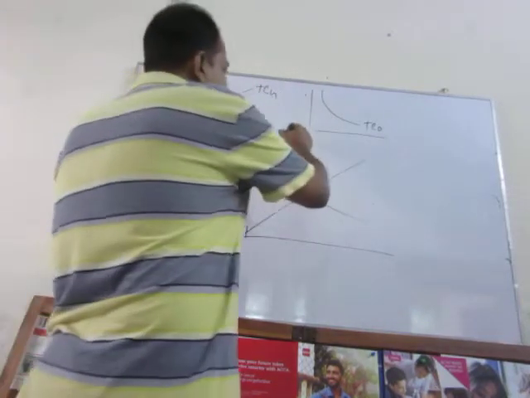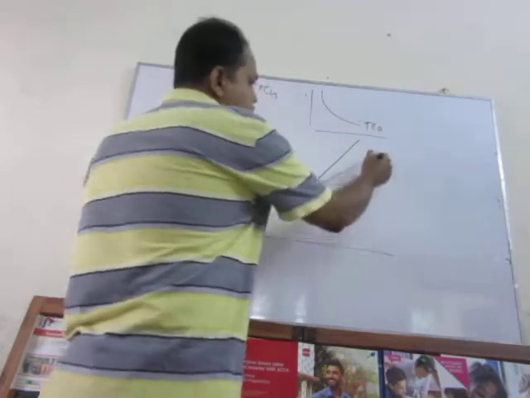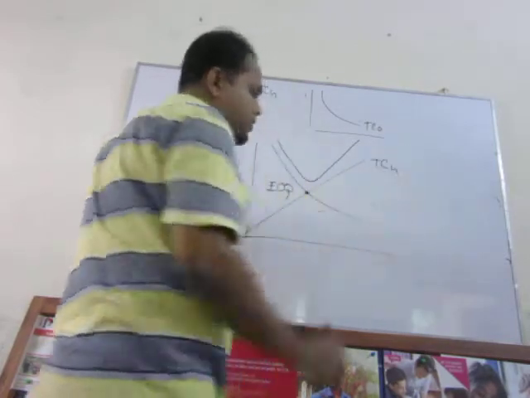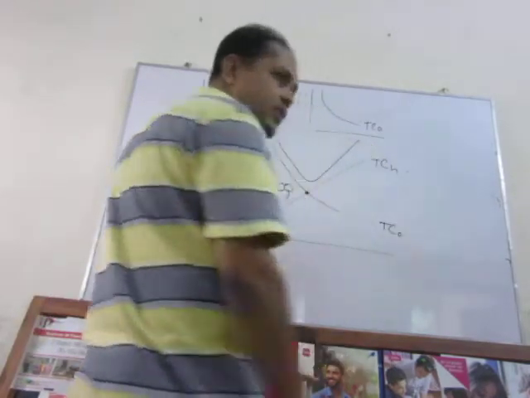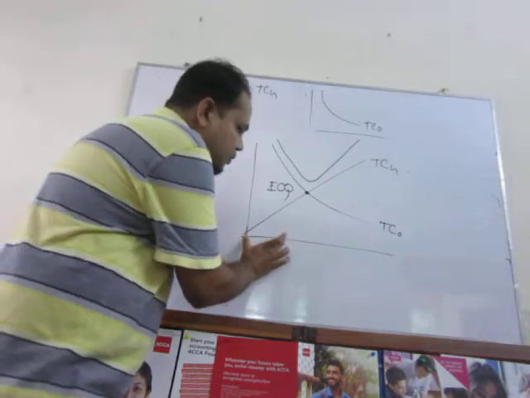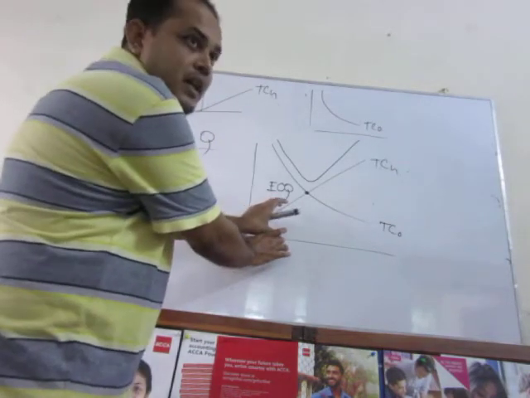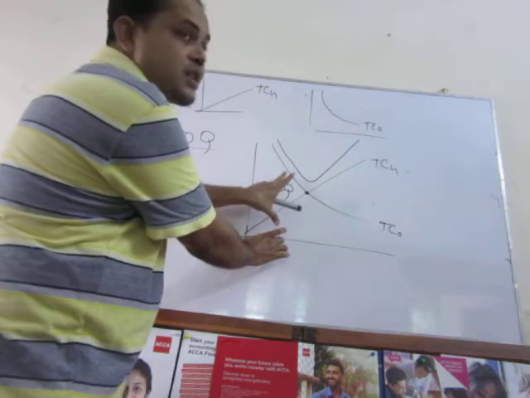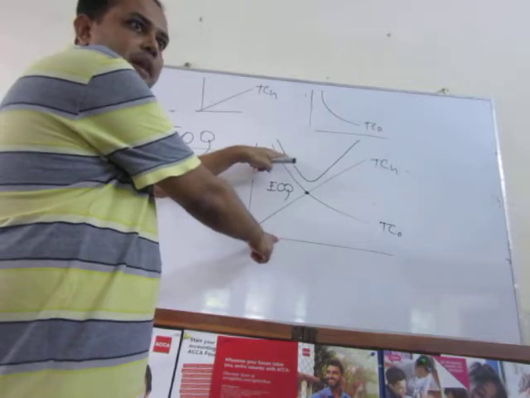That's why the total cost is aligned up to this level below. This is TCH, this is TCO, and in every case, suppose when you are ordering this much, this much is your holding cost, and this much is your ordering cost. If you add this much, your total cost is this much, right?